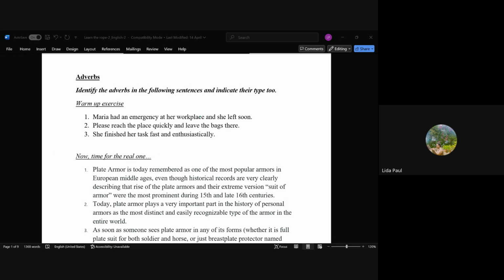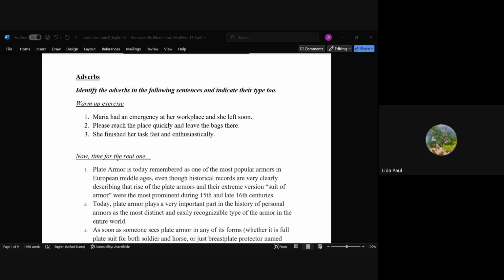How about fast? So is that an adjective or is that an adverb? Fast. It's an adverb, not an adjective, because fast basically tells you how the task was completed, right? So she finished her task how? Fast and enthusiastically. Since it answers the question how, it tells you how an action took place.